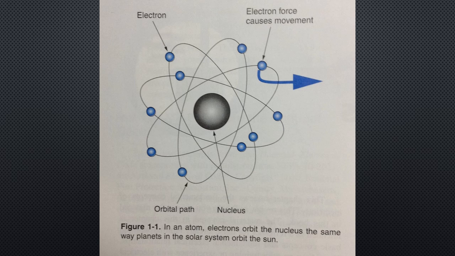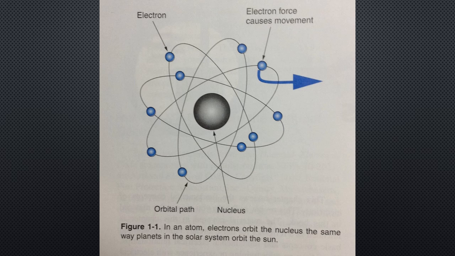Current. All matter is made up of tiny particles called atoms. Each atom has a central nucleus around which electrons orbit in much the same way as planets orbit around the sun. Depending on the type of atom and its structure, some electrons are free to move to other nearby atoms.